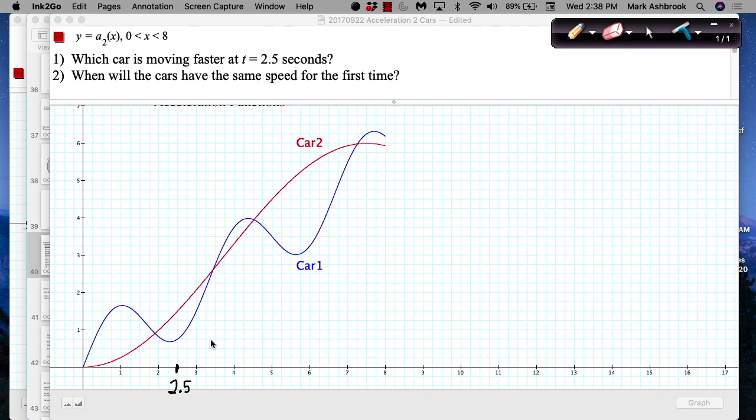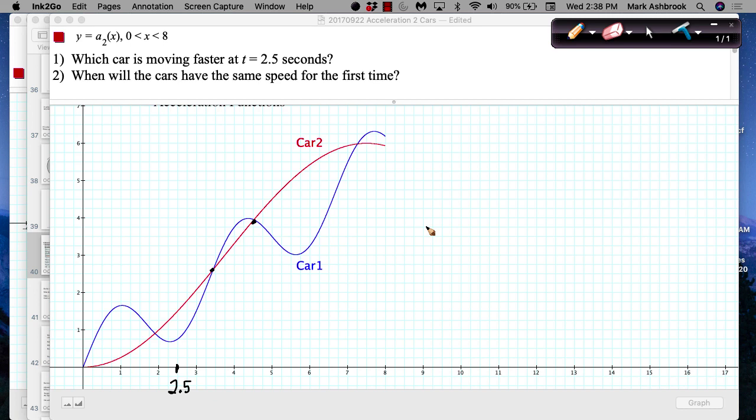Okay, predictions for when the cars will have the same speed. Which car do you think is going faster at about 3.5 seconds? Still car 1, right? Definitely car 1, because if car 1 is going faster here, it's going even faster here. So when do you think they might have the same speed for the first time?